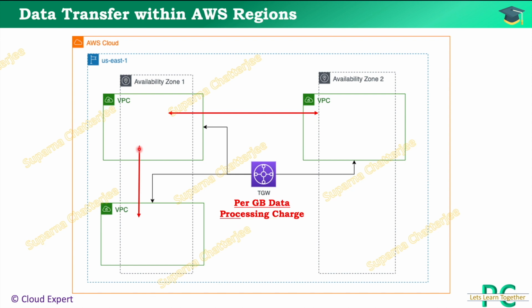In this case, using this Transit Gateway, we have connected VPC-A and VPC-B in the same availability zone, and VPC-A and VPC-C, which are in different availability zones but within one region, because Transit Gateway is a regional resource.